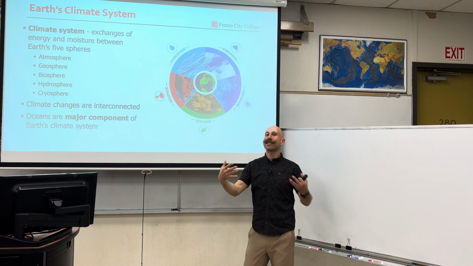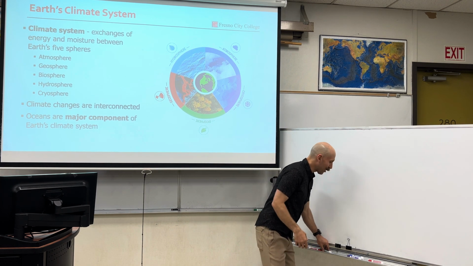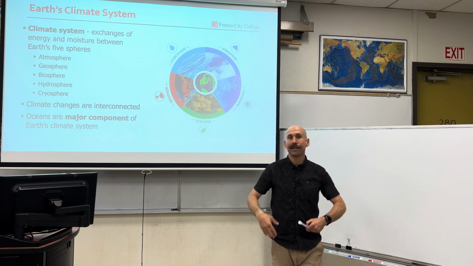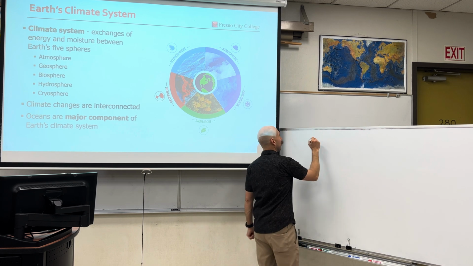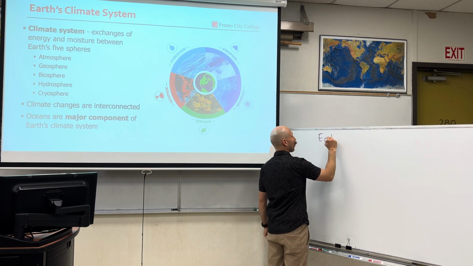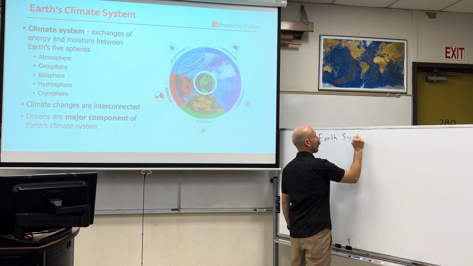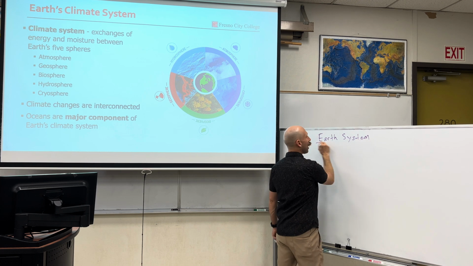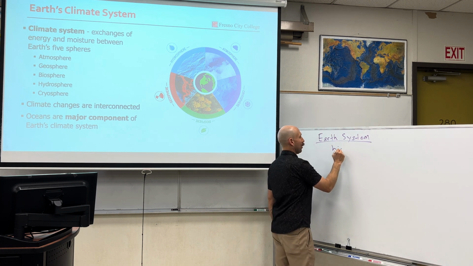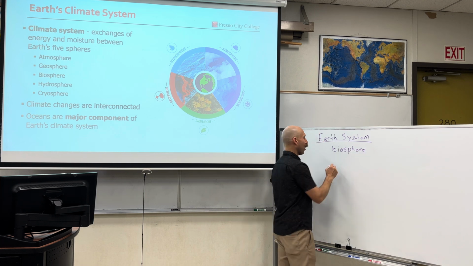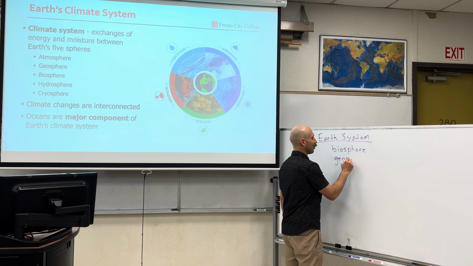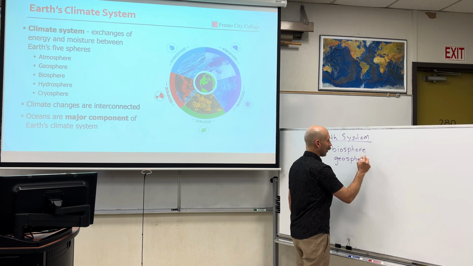So, Earth is a system, and the Earth system is composed of multiple spheres. Within the Earth system, there is all of the life on Earth, the biosphere. There is all of the rock on Earth, the geosphere, also known as the lithosphere.